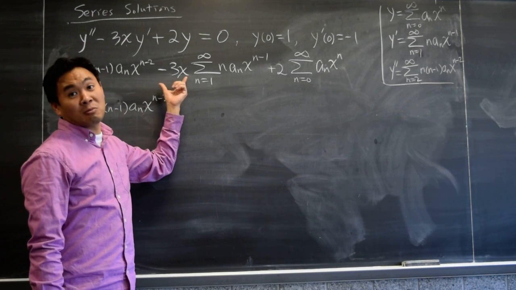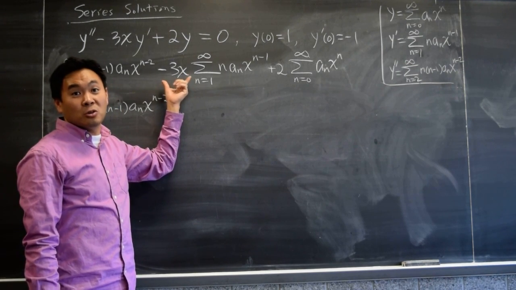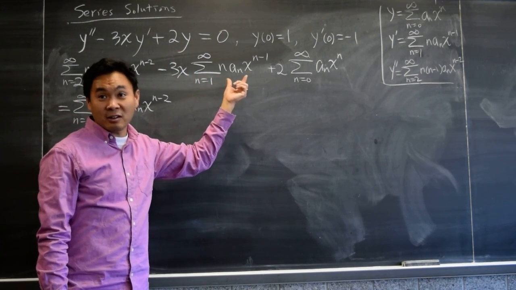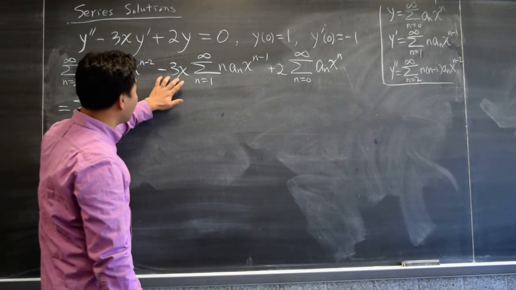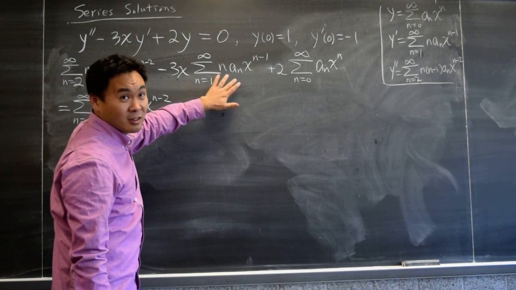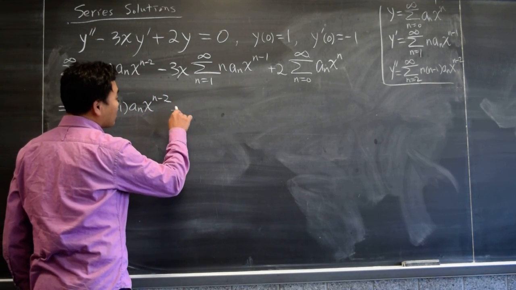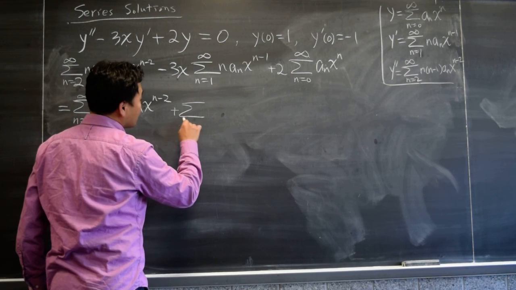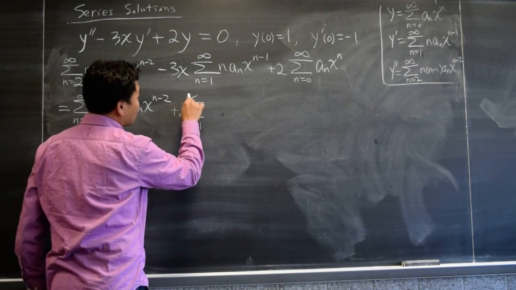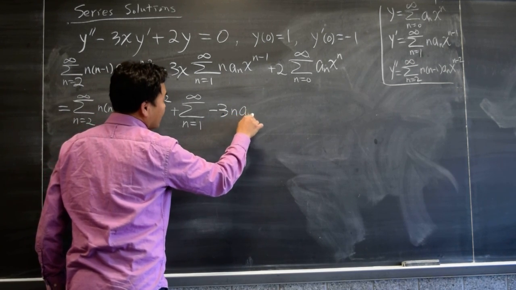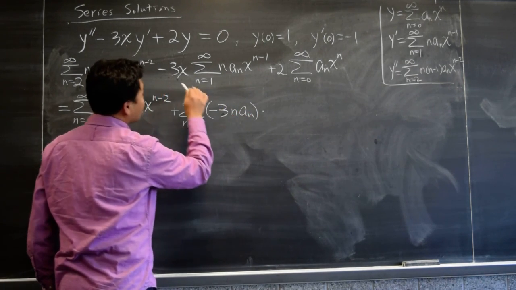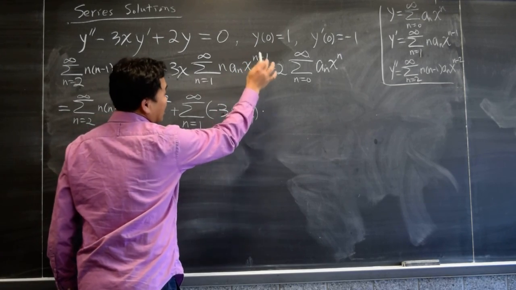And you're multiplying something in front. What can you do? You can multiply this to the inside, right? That's called distribution. The distributive law enables you to say this can be multiplied to the inside. And that's what we're going to do. We're going to say plus sigma n equals 1 to infinity, negative 3 n an, but then I can say x times x to the n minus 1. What's that?